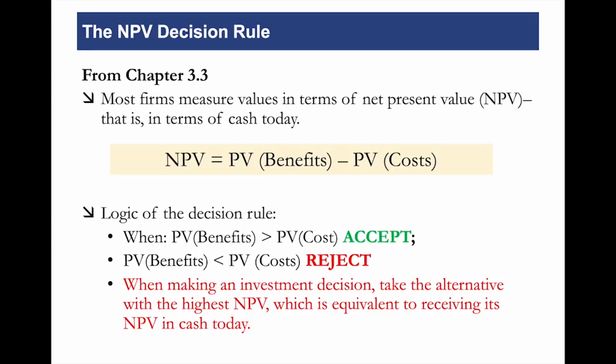This would give us a negative net present value. When making an investment decision, we take the alternative with the highest net present value. The net present value tells us the amount we would receive in terms of dollars today.